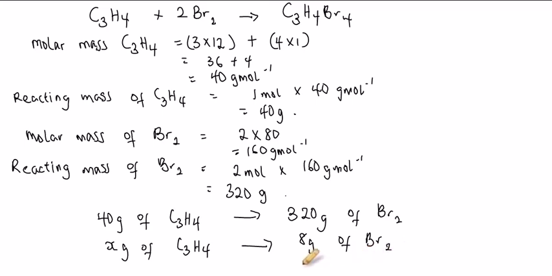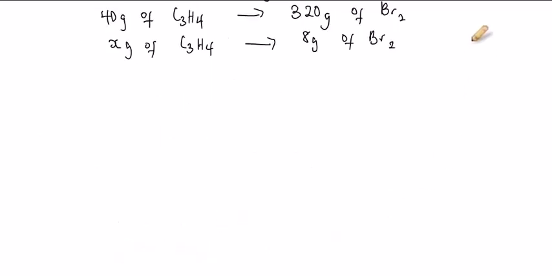So from here we'll cross multiply to get our unknown, which is represented by X. So we say X equals 40 grams multiplied by 8 grams divided by 320 grams.